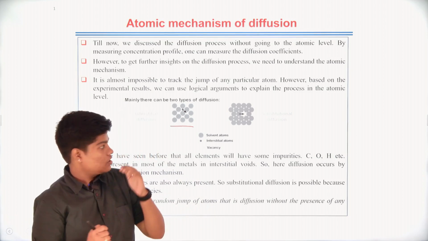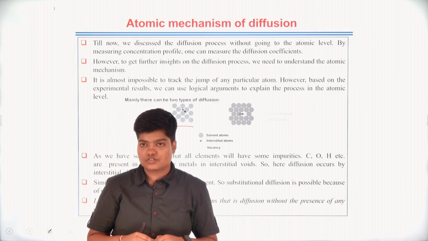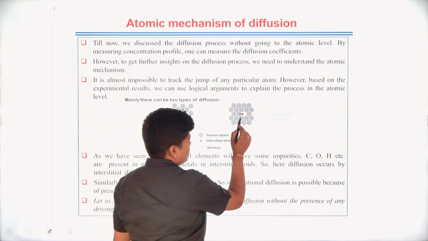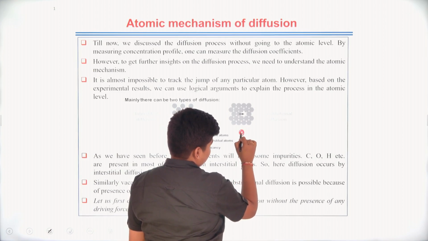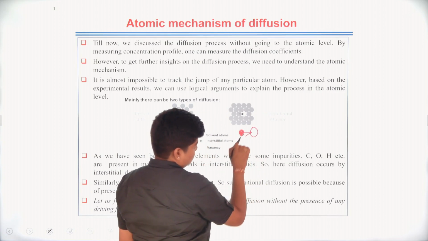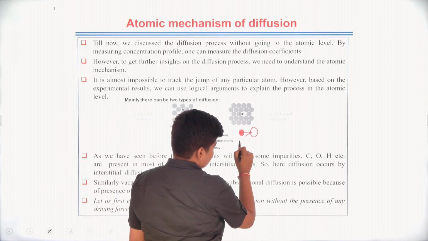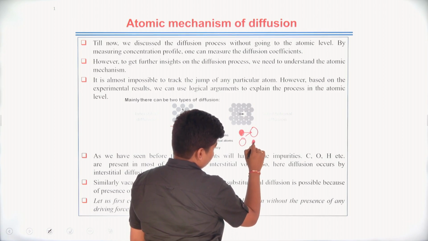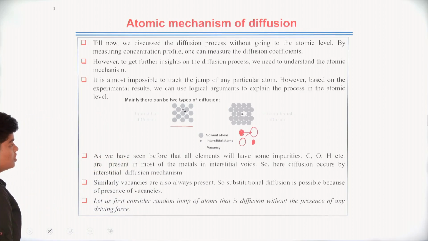If this atom goes to this vacancy position, then what happens? In this position a vacancy will be created. This is known as diffusion, and the process is known as substitutional diffusion.